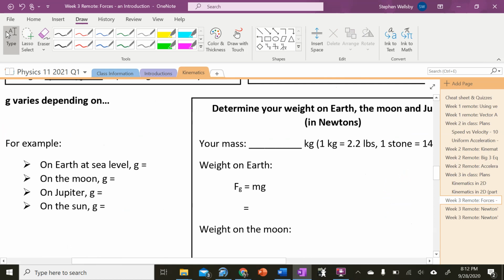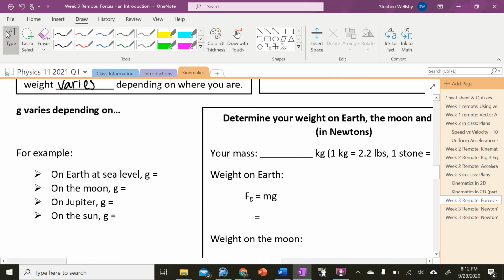So g does vary depending on a few things. In terms of a planet, g varies depending on the mass of a planet and the radius of a planet. So the further out you are from something, the less the force of gravity is going to be. So on Earth, we already know this is going to be 9.8, and these are all in meters per second squared.